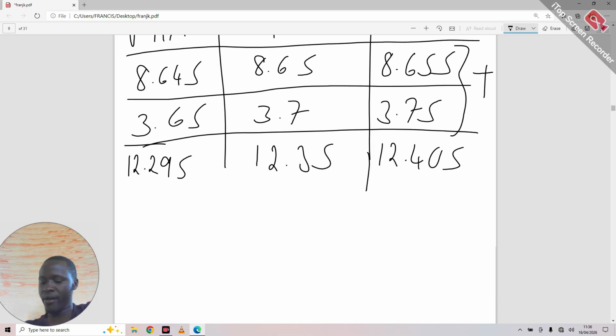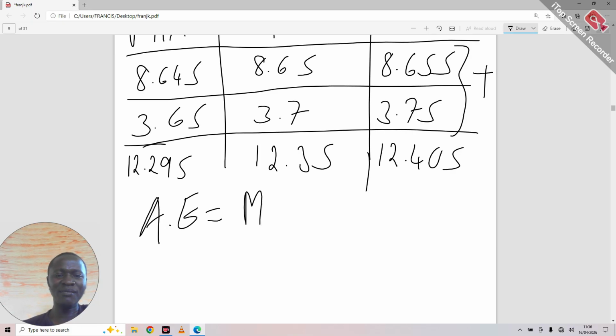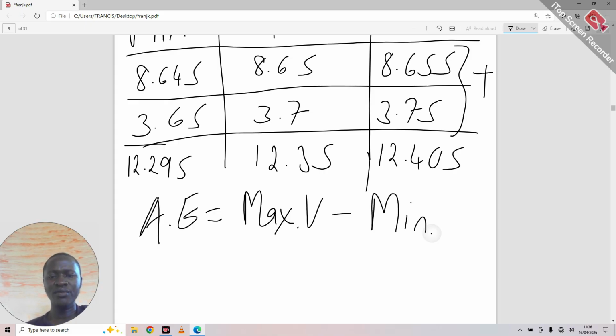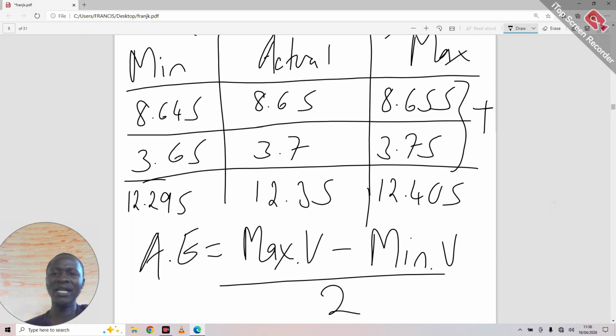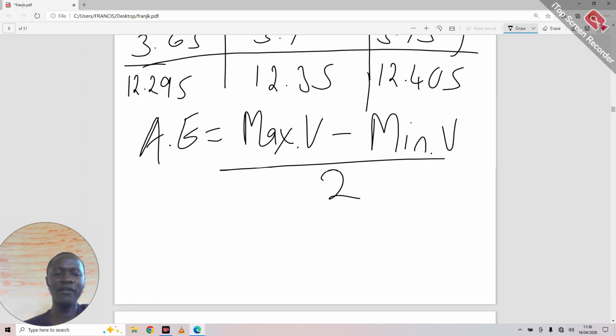So now after getting the calculation, we can now get the absolute error. And remember, absolute error is maximum value minus minimum value divided by 2. So what is our maximum? 12.405.